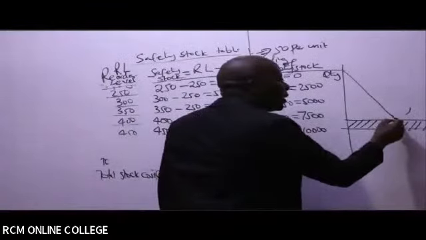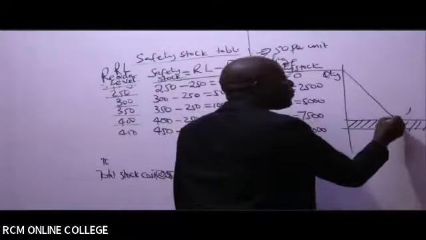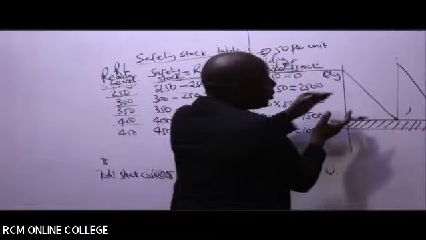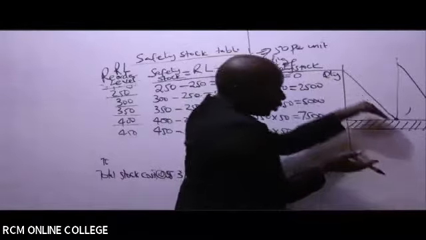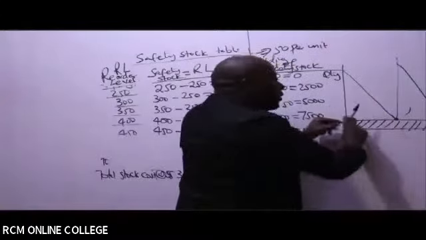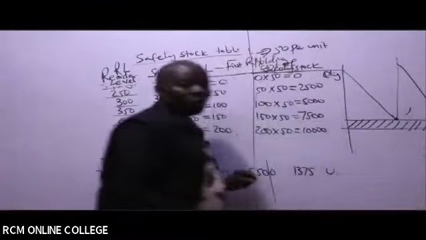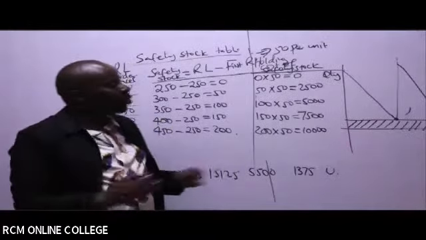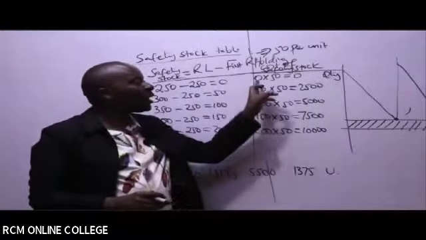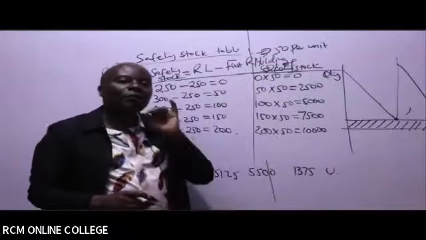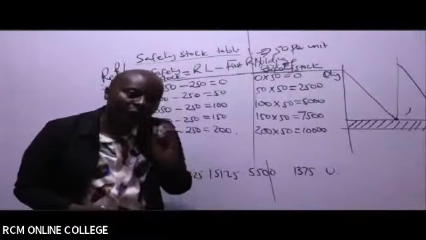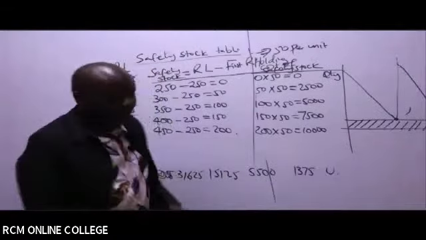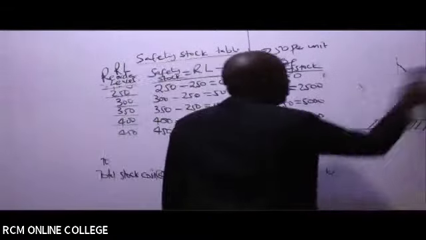Once you hit here, your supplier should bring in fresh units, and then you go back up. So for the normal stock, holding cost, you take the average because of this reduction. But safety stock is continuously in store. The assumption is that safety stock shall never be used. That is why for safety stock holding cost, you cannot take the quantity divided by 2. You take whatever safety stock units you have times holding cost per unit. Don't average.